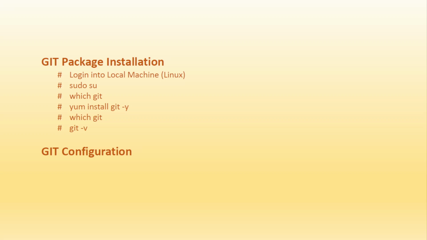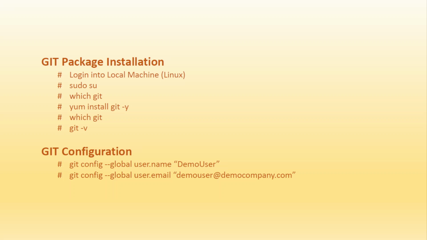Once your installation of Git is done, then you would require to do the basic configuration, and that is a very important point. In this configuration, you require to do two configurations. First is you require to set your name. Second is your email address. Why are we doing it?